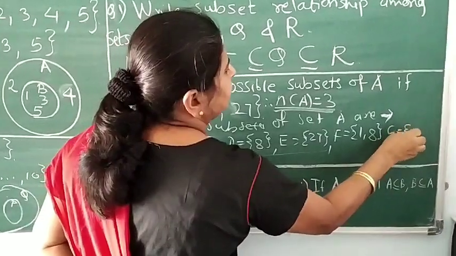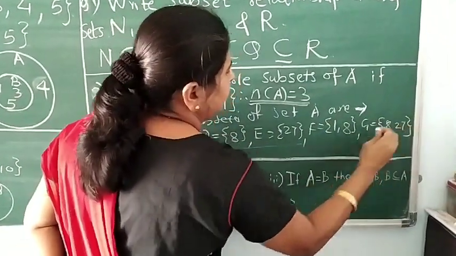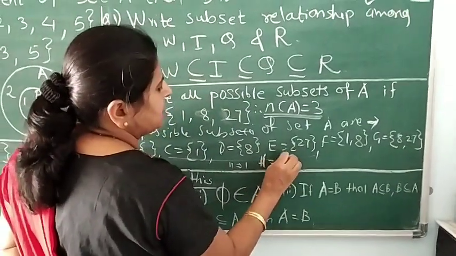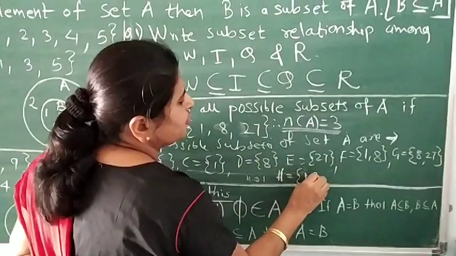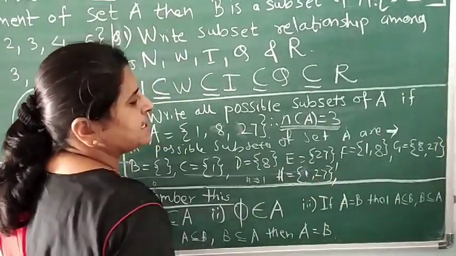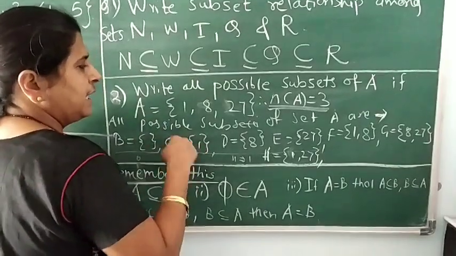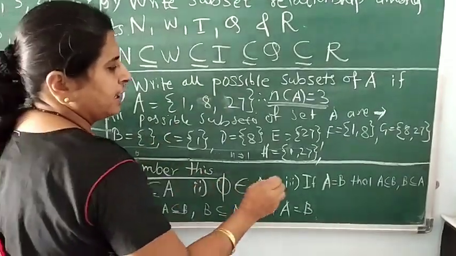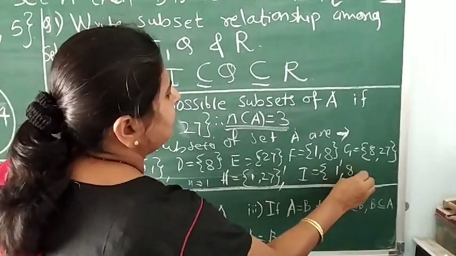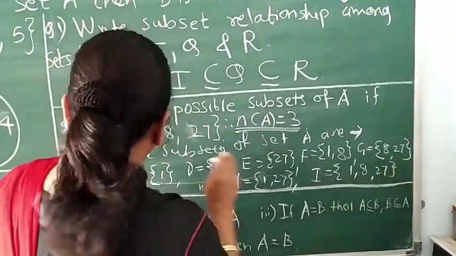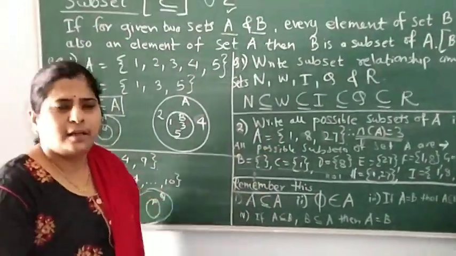G: 8 and 27. Next H, any letter we can use: 1 and 27. So here we have used two elements at a time: 1, 8; 8, 27; 1, 27. And now let's take all 3 at a time. The set I contains 1, 8, 27. So all these are possible subsets of the given set A.